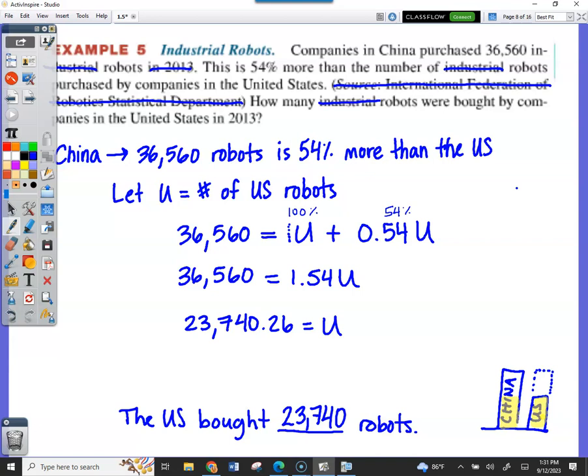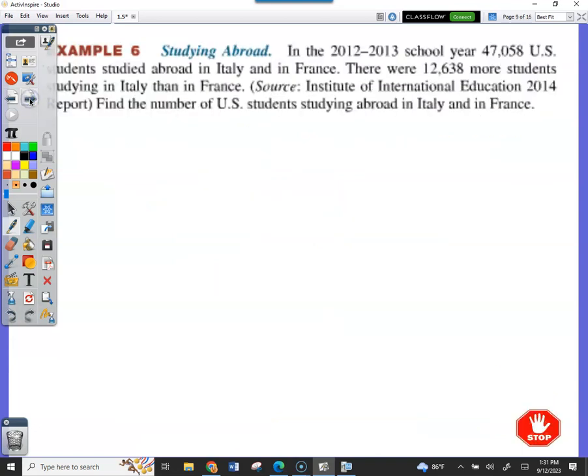It tells us that 47,000 U.S. students studied abroad in Italy and in France. That's your total. How many only went to Italy? They're saying basically how many have the stamp of Italy on their passport? Well, I didn't write the question.